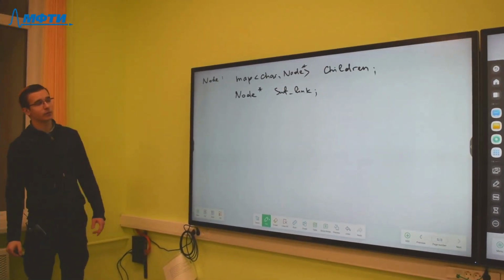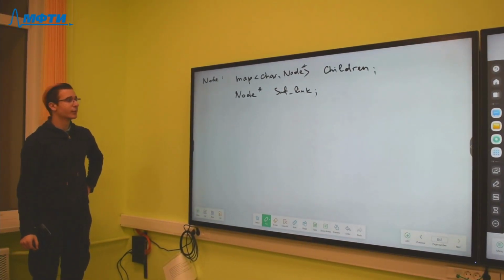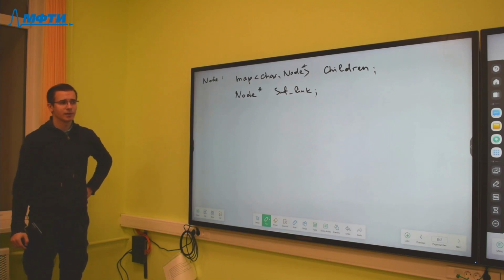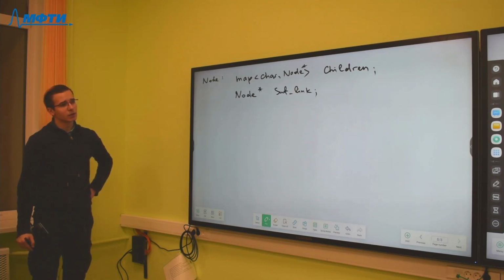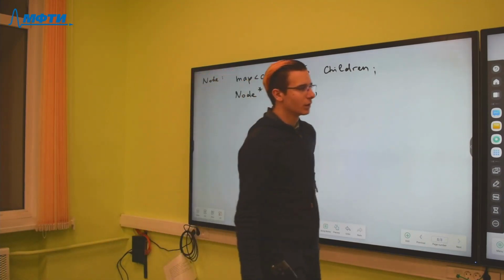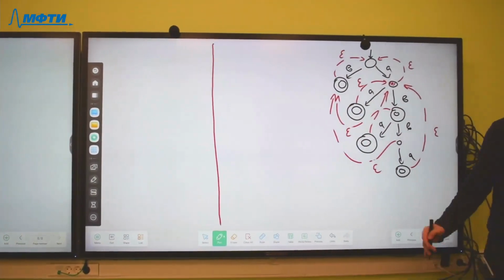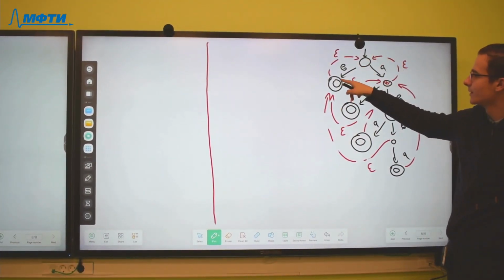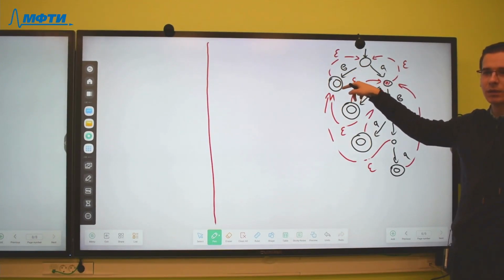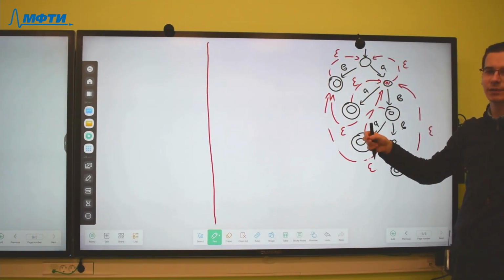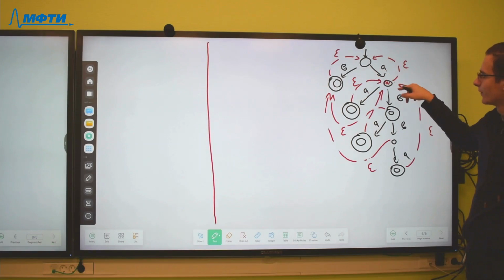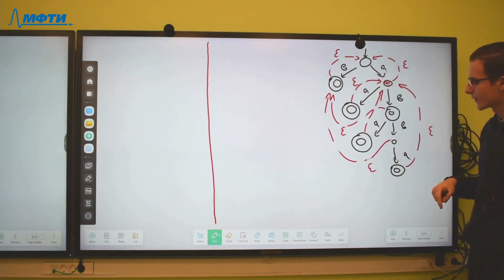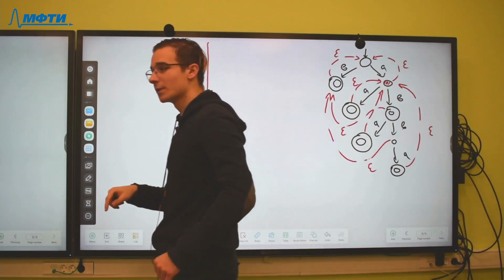So when we build this tree, then we can read the input line and go through the Finite Automata, and if our configuration has a state that is the final state, it marks that we find a substring that is in the dictionary. And then we go through these nodes and find all of the substrings, for example.